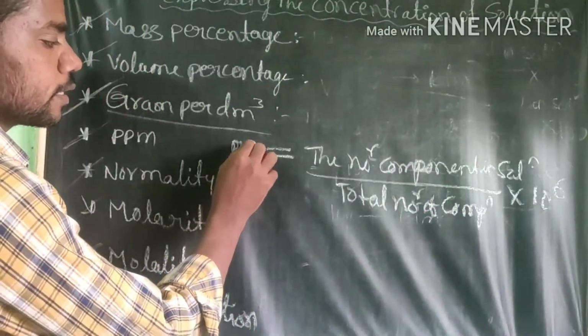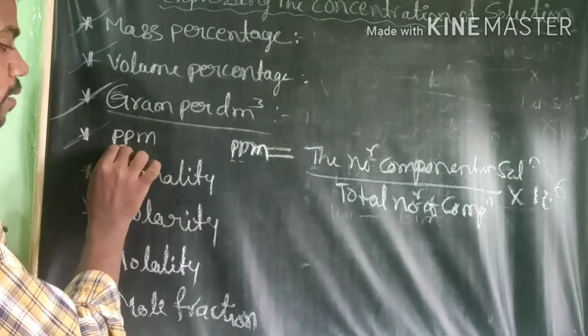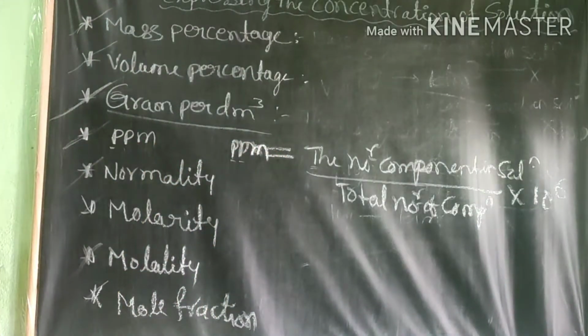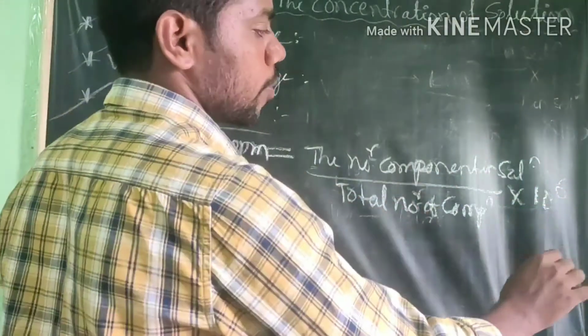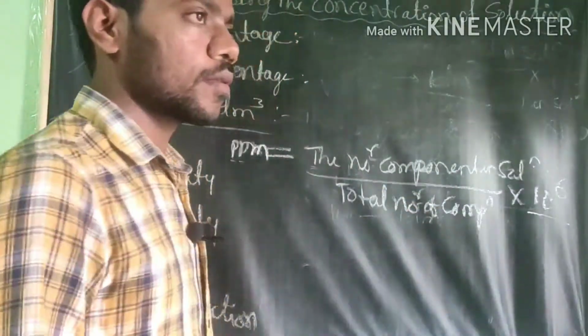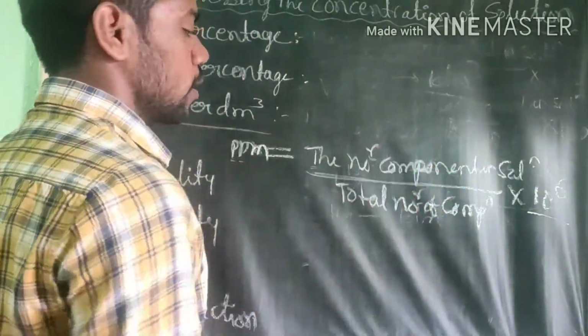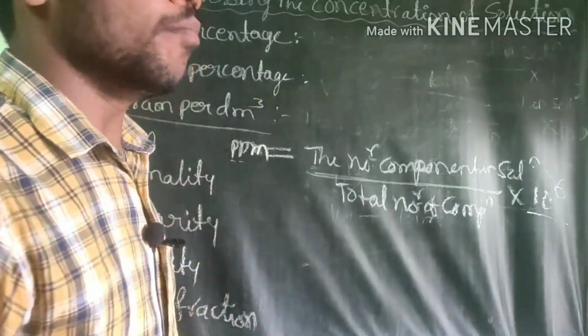Parts per million. Students, what is meant by ppm? Parts per million. How to tell this one? The number of components in the solution divided by total number of components into 10 to the power 6. This is what a ppm.